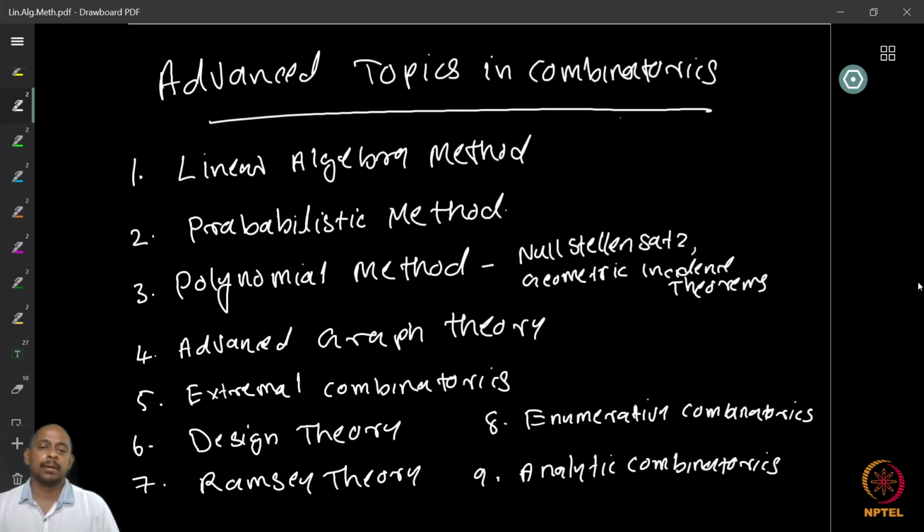Then we have enumerative combinatorics. In fact, a large part of our course was enumerative combinatorics, which is basically counting objects using several techniques, and that's what we learned. Related to this, there can be many advanced courses, and I will suggest some excellent books on this. Another topic I want to point out is analytic combinatorics, where one looks at objects using tools from analysis.